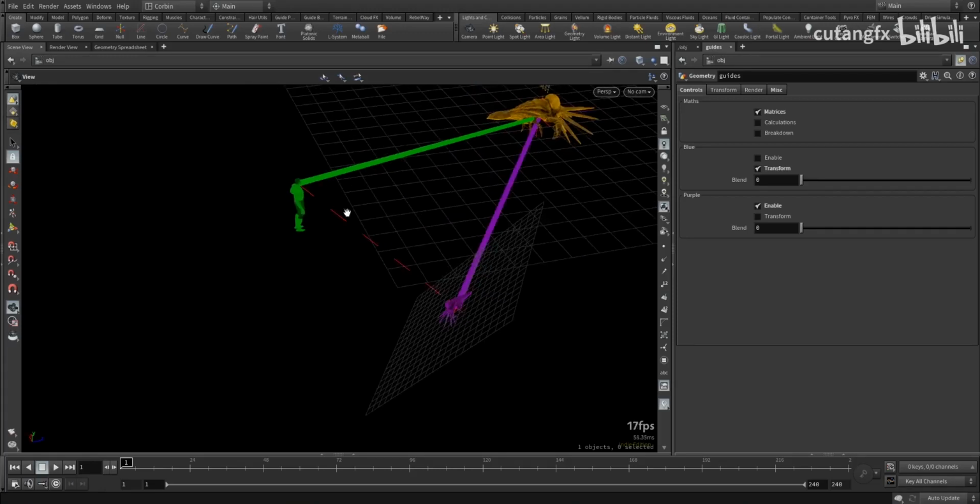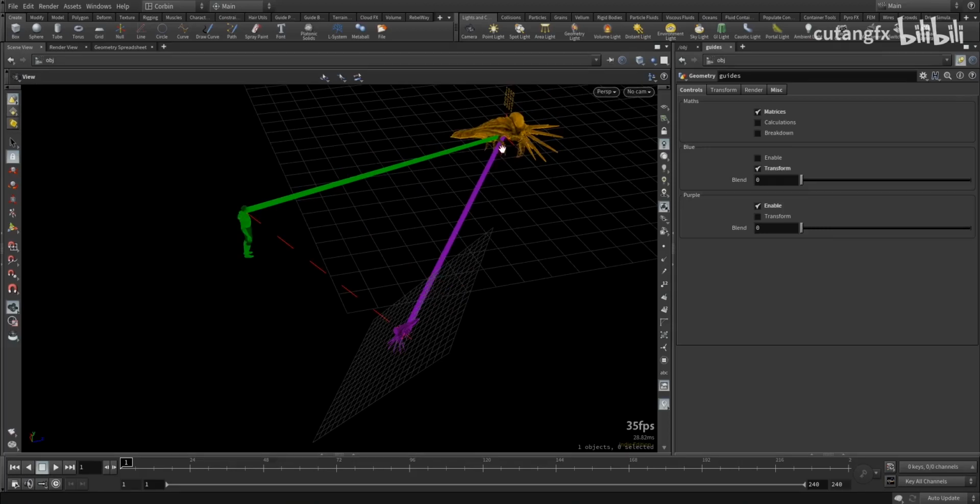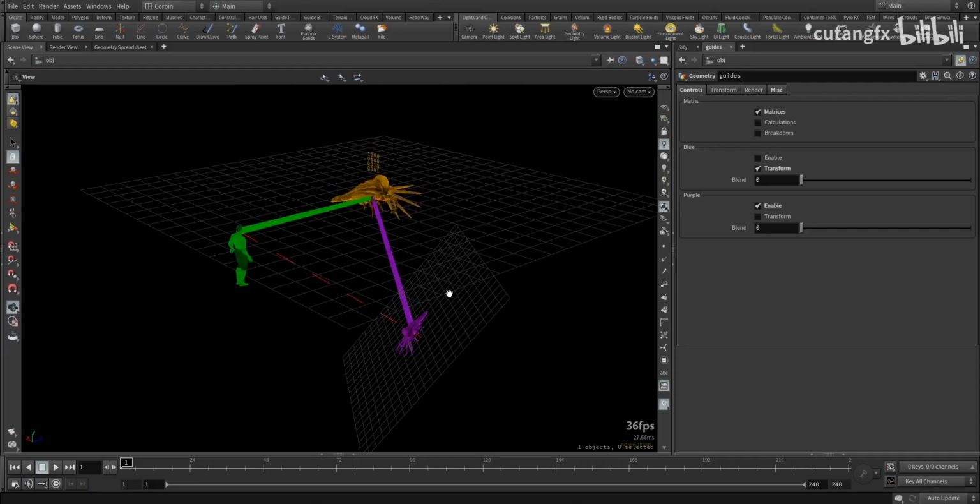So we want to say this one, green, minus purple. How do we do subtraction? We divide, because it's matrices. And how do we divide? We multiply, but invert the second one. And remember, we said it was green minus purple, so it's green divided by purple, which means it's green multiplied by inverted purple. So that's the maths that's happening, okay?